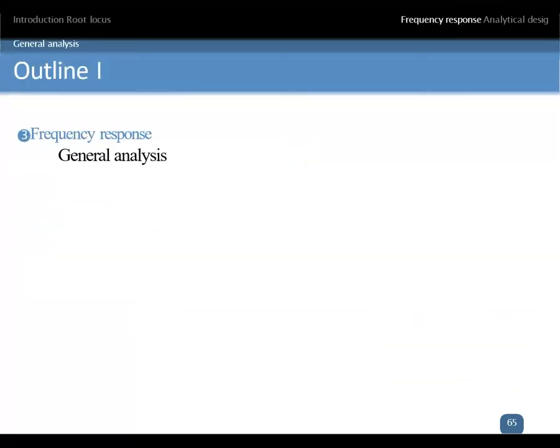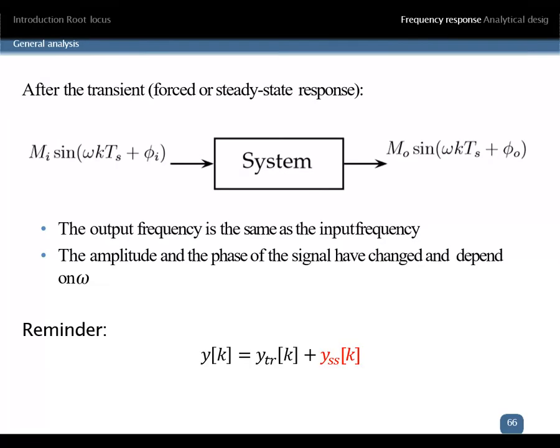Now we go to frequency response, general system. Here, any system with an input of magnitude MI and phase Phi, the output becomes a change in magnitude and the phase becomes Phi O. The output frequency is the same as the input frequency, only the magnitude will be changed.